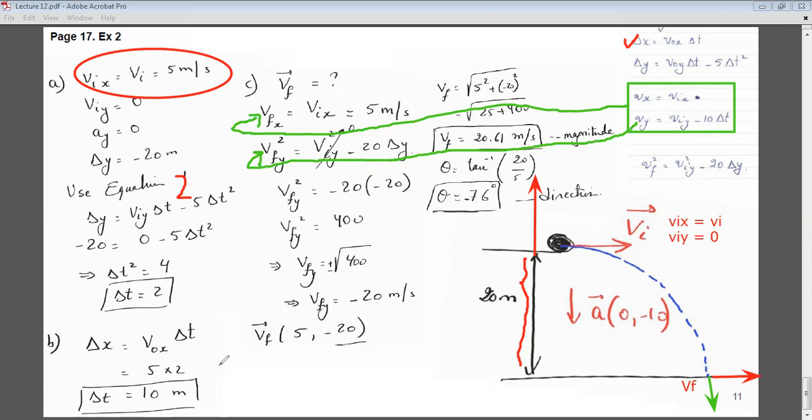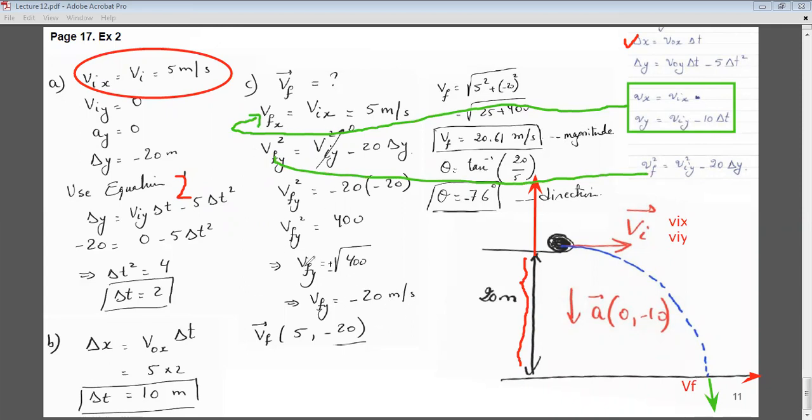VFY will be minus V initial y minus 10 times 2, which is 20. Whether we use this equation or this equation, we will get the same answer.